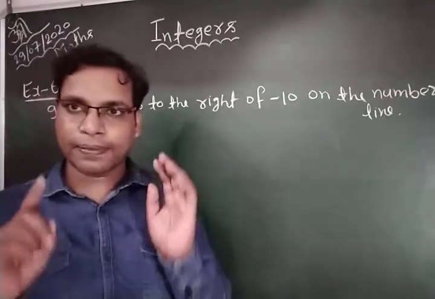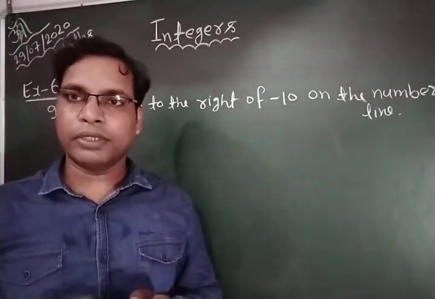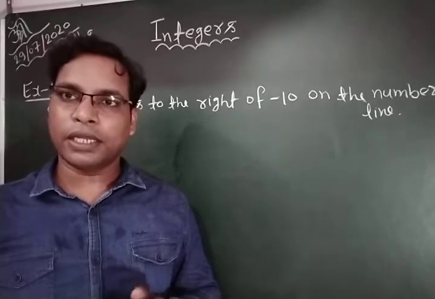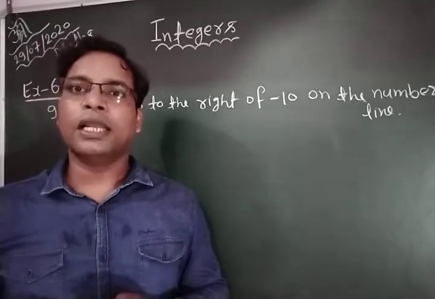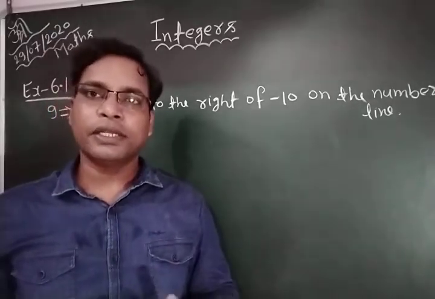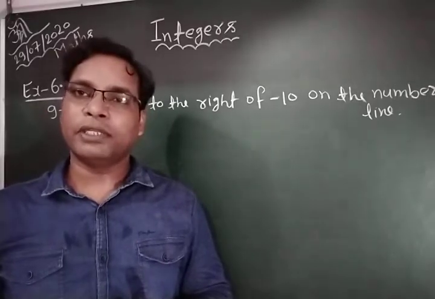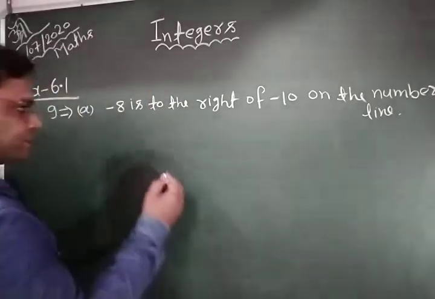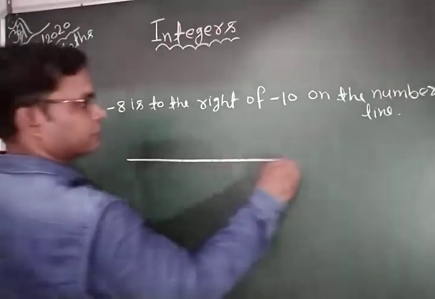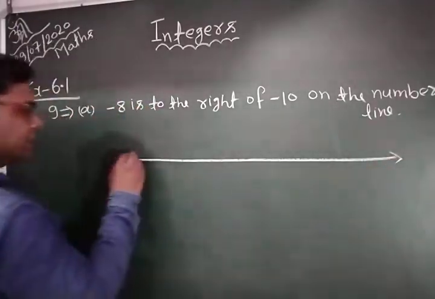First we draw a line, then plot numbers on the line, and it becomes a number line. Then we check where -8 is and where -10 is. So let's see. This is a number line.